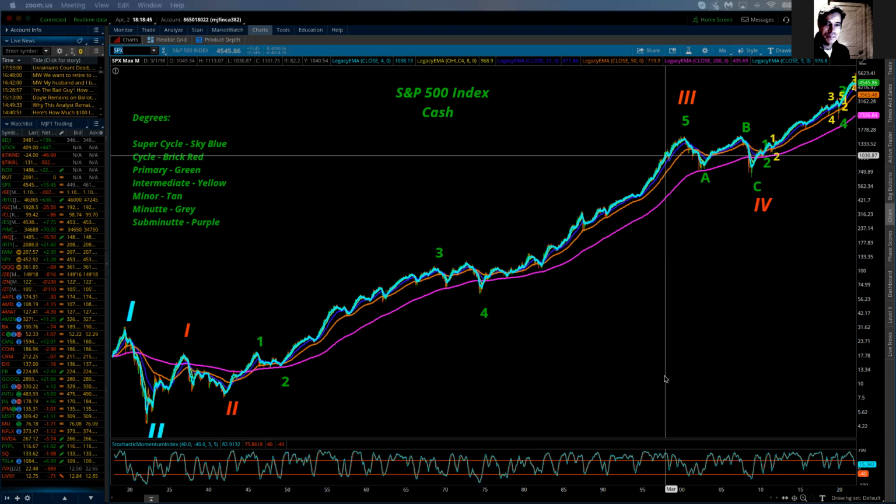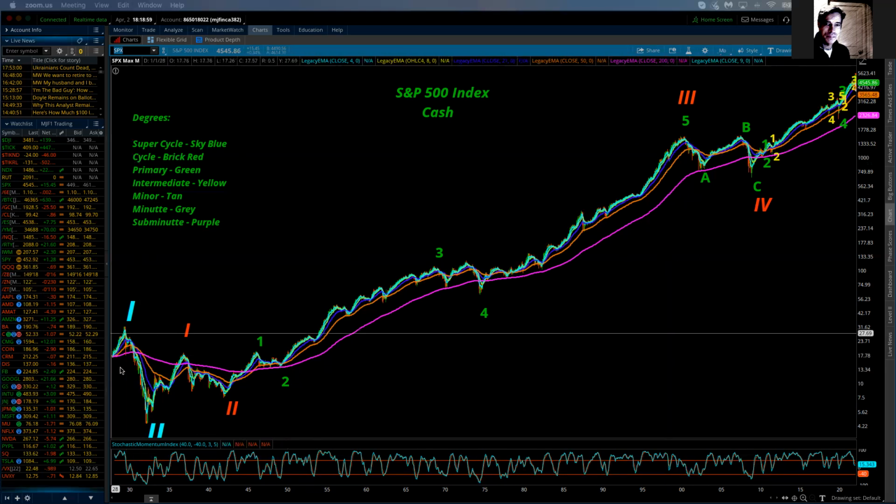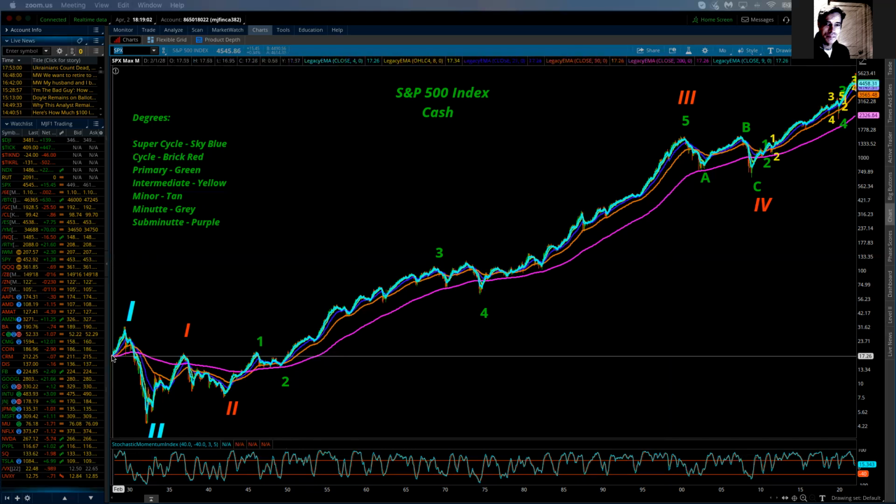Right now, I'm going to begin with the S&P 500, the SPX, which is an index that I have data to start my maximum picture, my very long-term picture, which begins on the chart back in January of 1928.